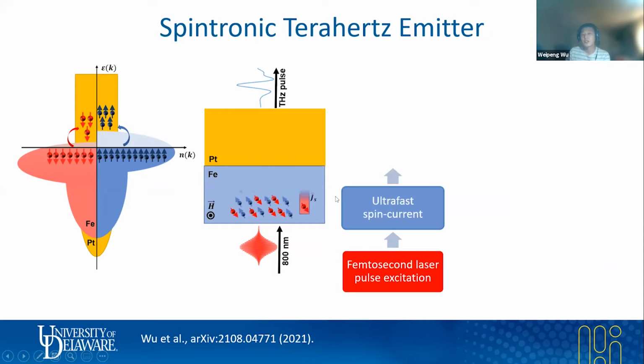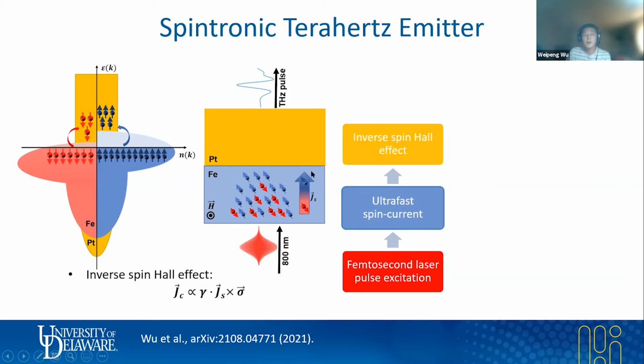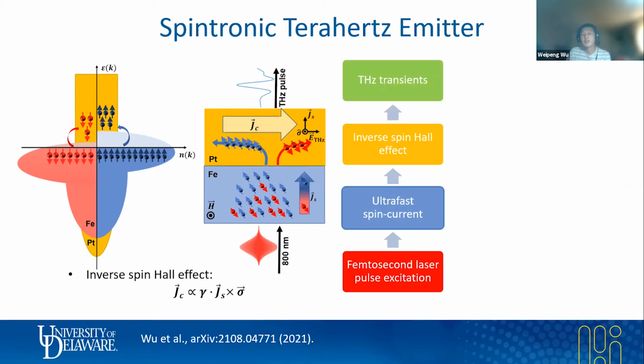So which leads to an ultrafast spin current in the ferromagnetic layer. And this spin current is diffused into the adjacent platinum layer, and due to spin orbit coupling and the inverse spin Hall effect, this spin current is converted to a transverse charge current, which finally leads to a terahertz transient.